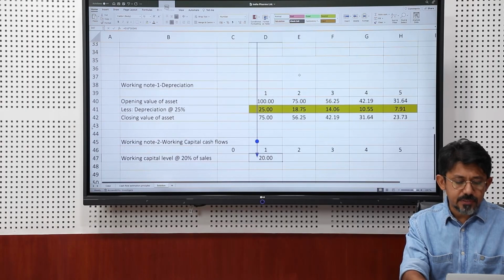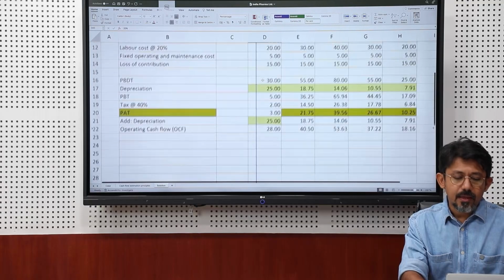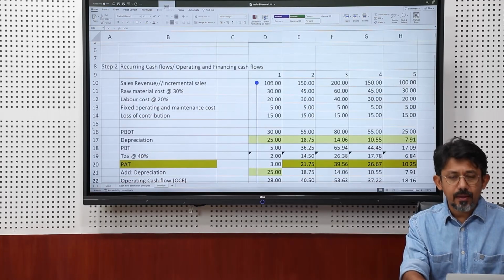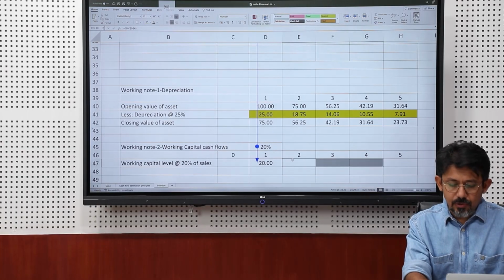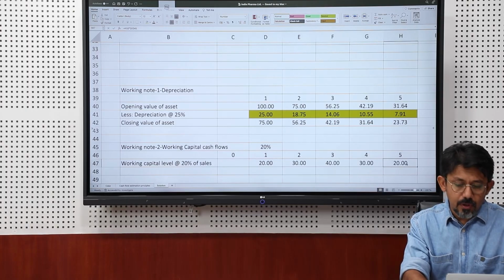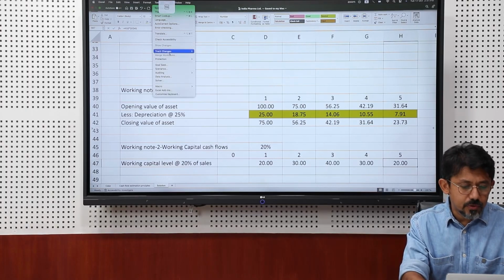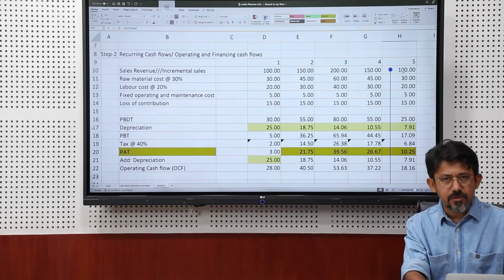We are saying 20%, that is the reference cell, multiplied by the sales of year 1, 100 million. Similarly, I have done a calculation for all the years. The cell reference, for example, for the 5th year looks like this, that is 20% multiplied by the sales of the 5th year.